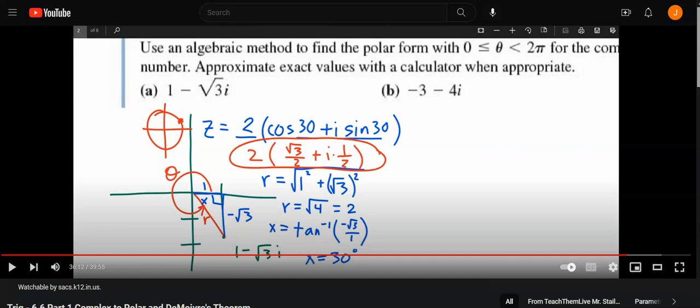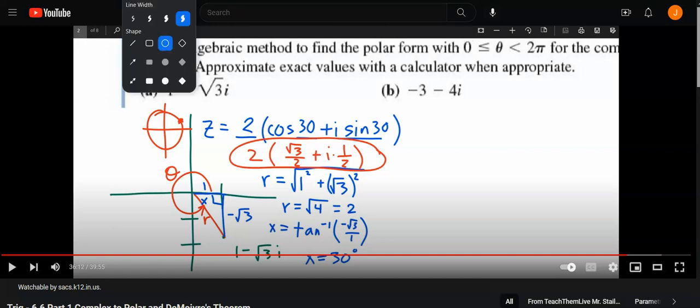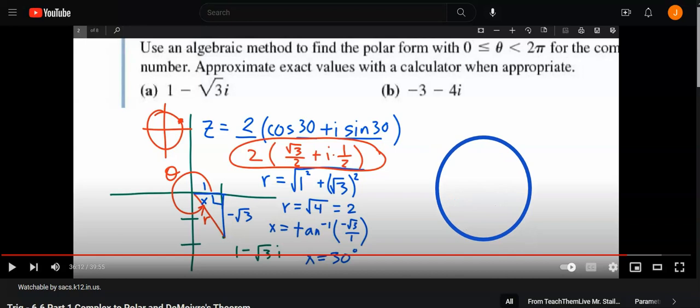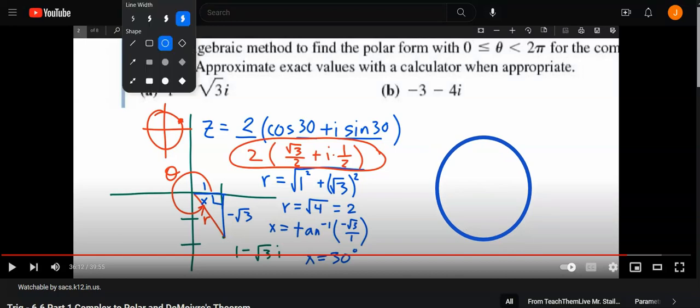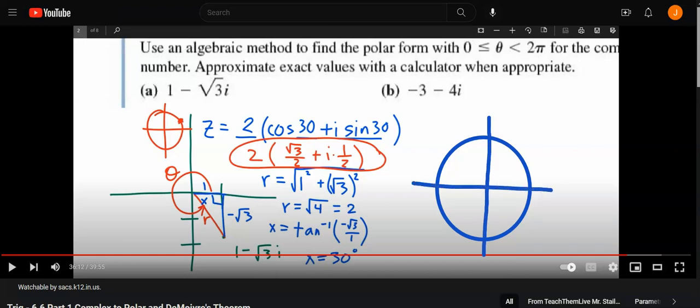Nah, you wouldn't want to use 300. Think about your unit circle. See if I can draw a nice circle here. 300's down here. The x value is a half. So literally, we're already wrong here.